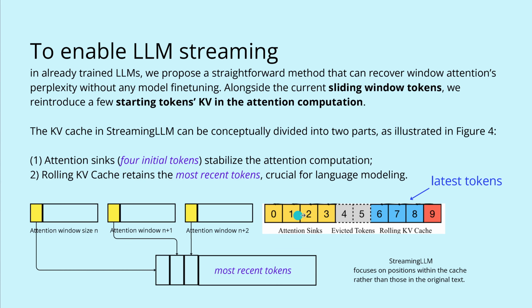In Llama 2, we have 4 initial tokens. Then we have a rolling cache, where we only have the latest tokens in the sequence, and this is in blue. So token 6, 7, 8, and 9 is generated looking at the initial tokens and only at the latest tokens, and all the tokens in the middle are not taken care of in our calculation.